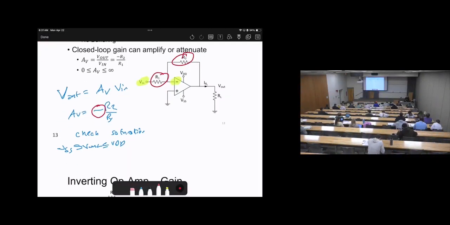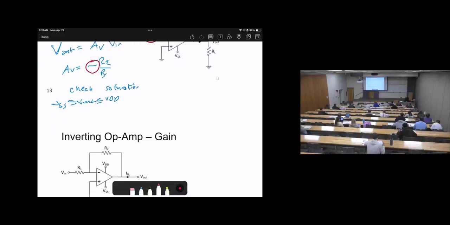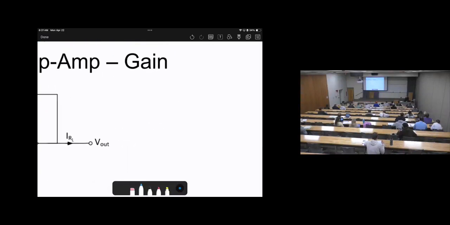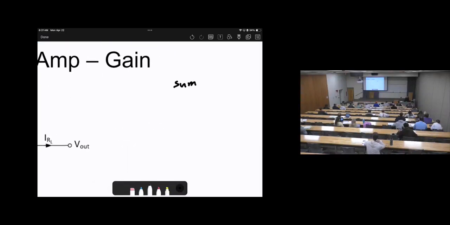Okay. Now let me just write a quick summary. V out equals closed loop gain times Vin. What's the closed loop gain? The closed loop gain can be different in different cases.